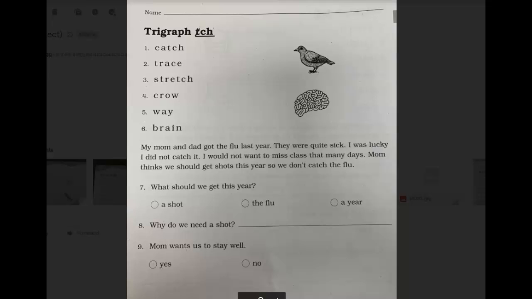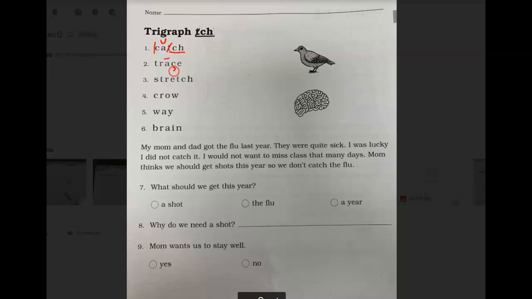First one, catch, goes with our lesson today. I am going to underline the trigraph. We're going to give it a K-back for that C, and we have a short A sound, and we do not hear that T. So there's catch. Next word, trace. Here a long A, and that C sounds like an S, doesn't it?